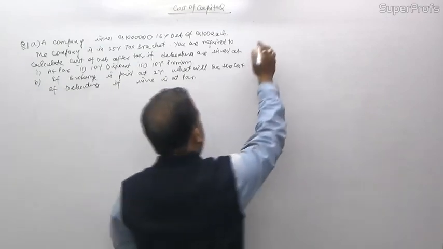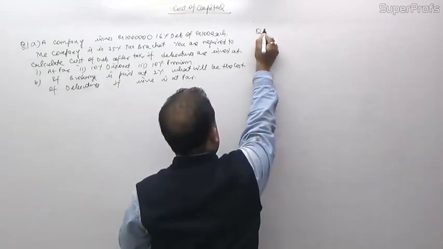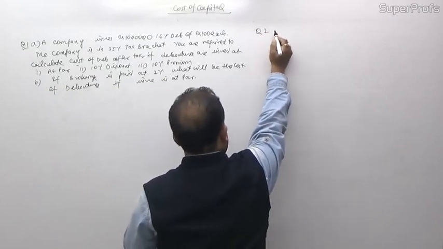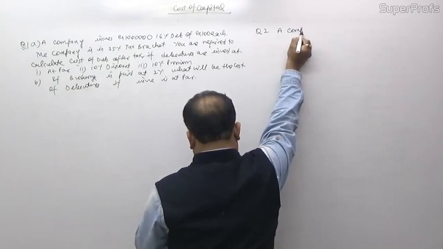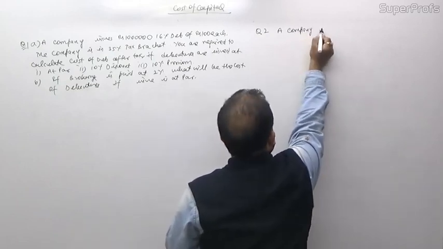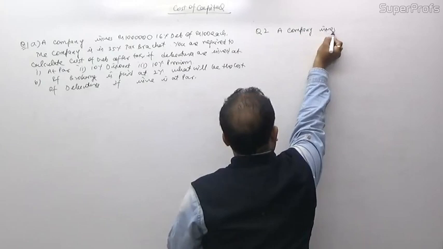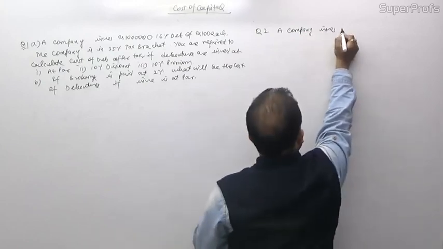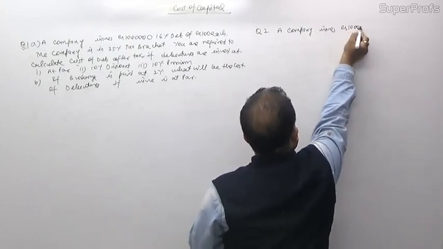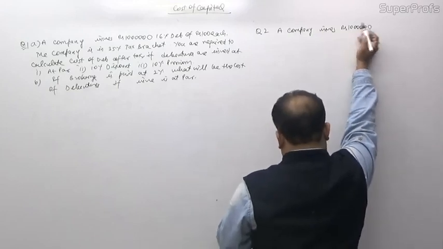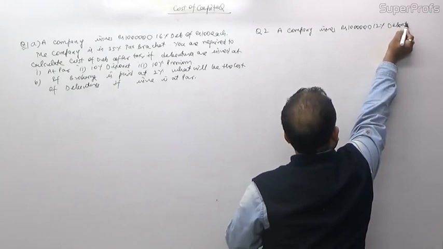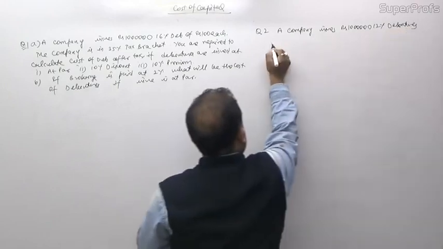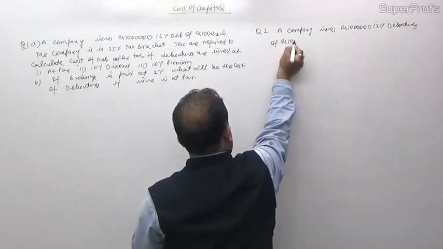The first question is based on the cost of non-redeemable debt. The second question is based on the cost of redeemable debt. A company issues rupees 10 lakh 12% debentures of rupees 100 each.